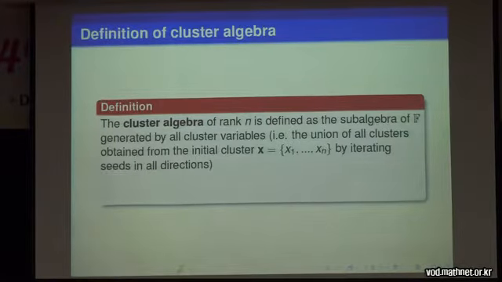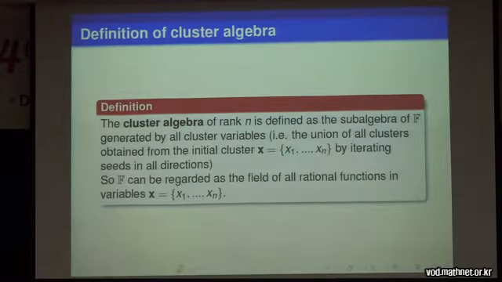You just fix the seed, the initial cluster, and by iterating the seed in all directions, you can get all the cluster variables. Here, the field can be regarded as the field of all rational functions in the variables of the initial cluster.